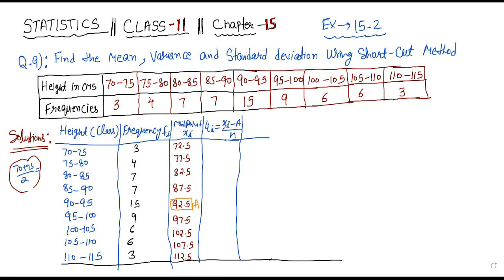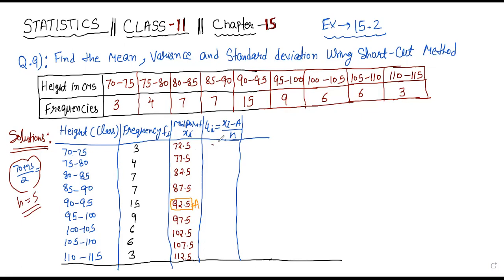Let us consider this is A, the assumed mean. So what is ui? Xi minus A, so 72.5 minus 92.5 is minus 20, and minus 20 upon h. H is 5 because of the class interval size. So minus 20 upon 5 is minus 4.